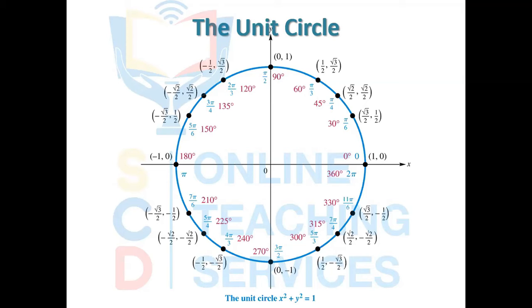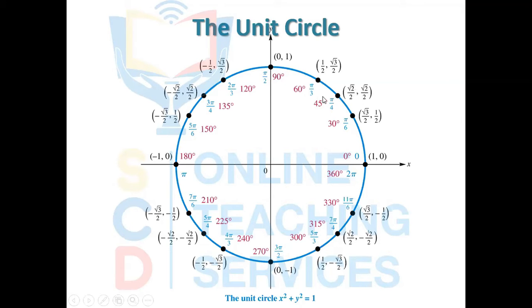We also have the 30, 60, 90 degrees special right triangle, right? Correct? Yes. When we say 45, 45, 90 degrees, we are talking about an isosceles right triangle. So we were able to derive the value of pi all over 4. So cosine pi all over 4 is square root of 2 all over 2, and sine pi all over 4 is square root of 2 all over 2.